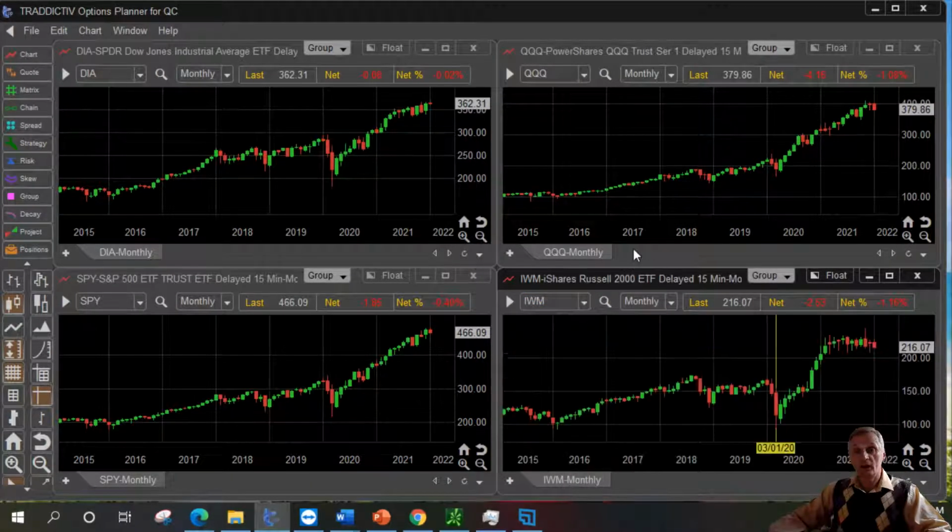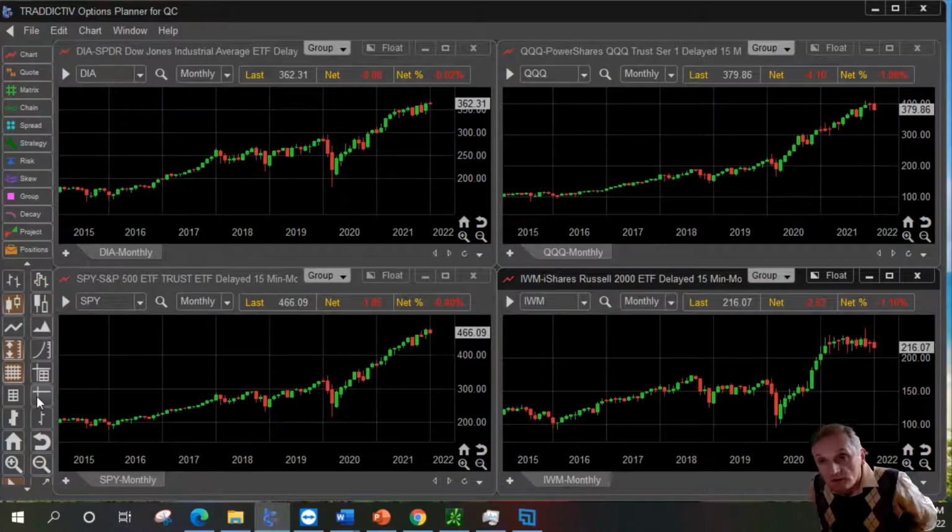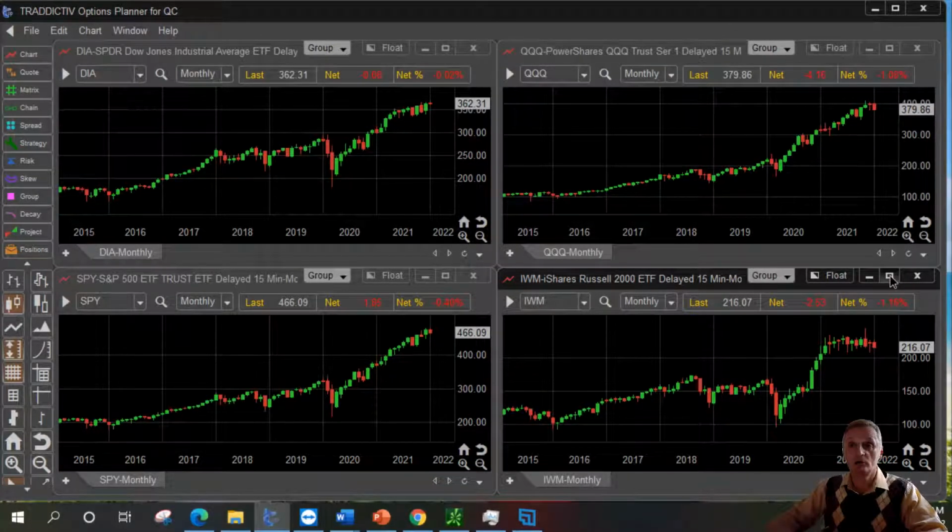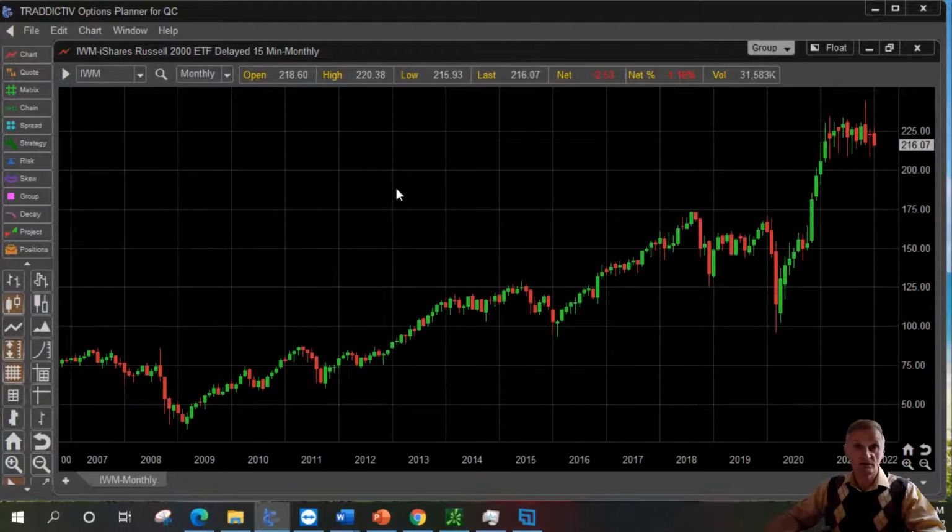I will start my analysis by enlarging this particular chart, and I will go slowly over this. I want to disclaim a few things before I start. The first is that we're looking at the monthly chart, but we need to be aware that this very last bar is only 1 week old.